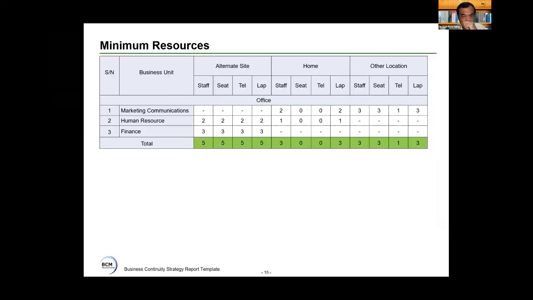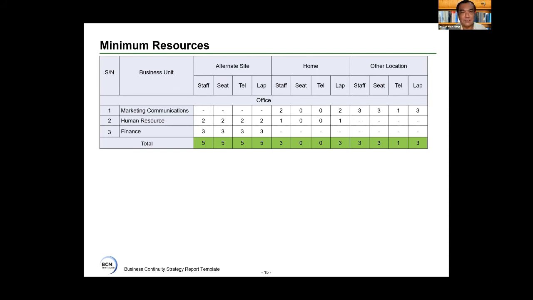Okay, what's the minimum resources? Just put in the numbers. Like I mentioned to all of you, when you put in the numbers, just understand what the purpose of this is. Now, remember, you guys are in COVID-19. You don't need telephone, you don't need seats, you don't need laptops. But treat this exercise based on the case study that's not in COVID-19.